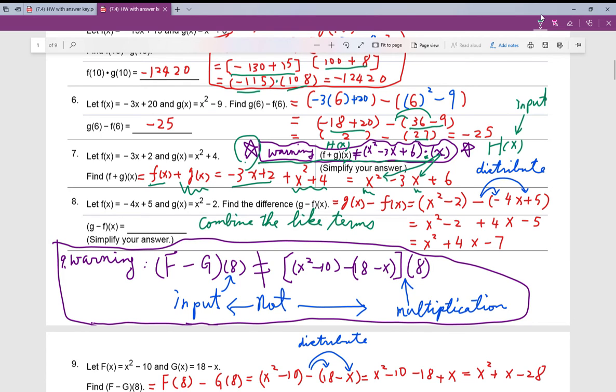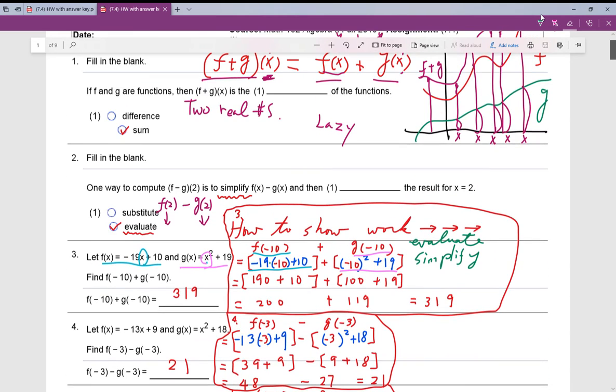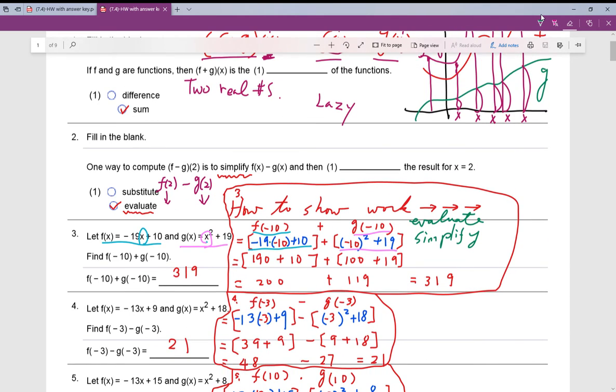Understand? So don't multiply with x. Same thing as the previous question. Let me show. This 2 is the input 2, not a multiplication with 2.